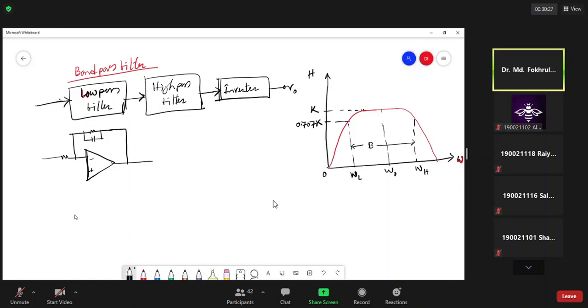this is the low pass section, R and C1, and then we have the high pass section, R C2.